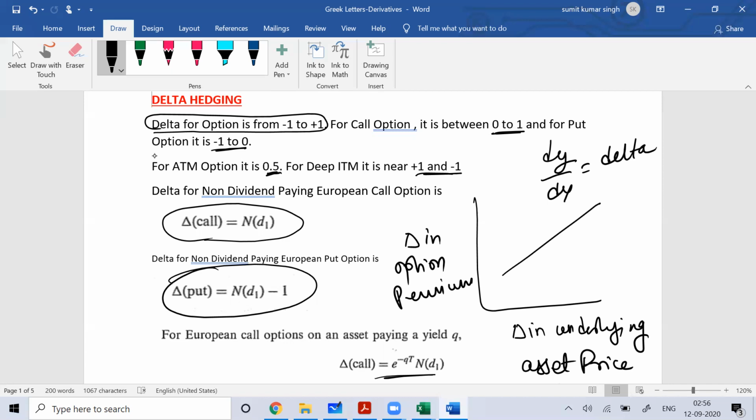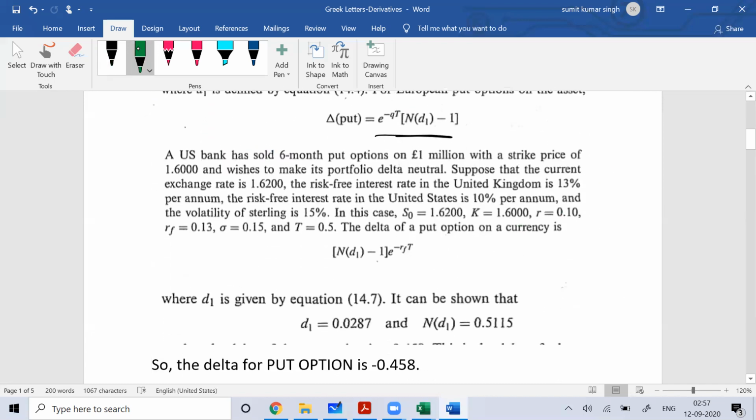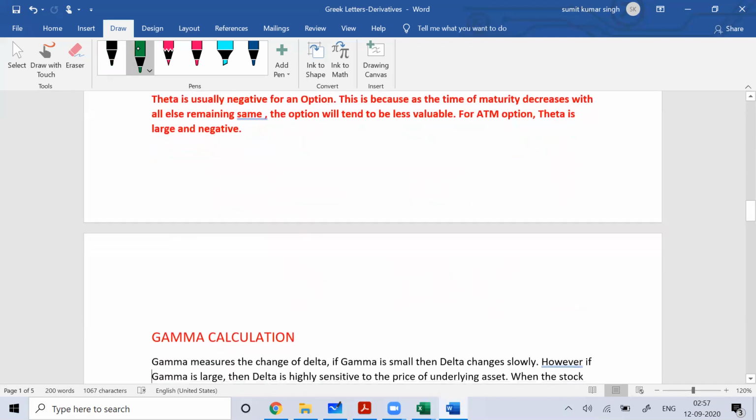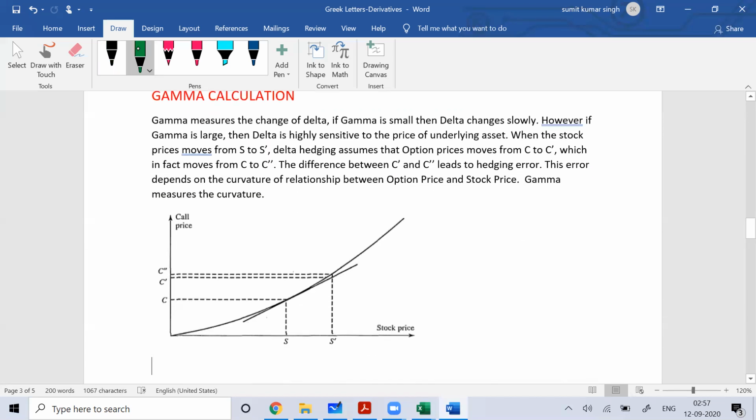But actually, if you see this change, it is not a straight line. Like if you remember convexity and duration in bond mathematics, it is somewhat similar. This change is somewhat like a convex line. So we use another term there, called gamma, because we have noticed that a small change in underlying asset price brings a small change in the premium of the option contract, but a large change in the underlying asset price does not bring a proportionally large change in the premium.